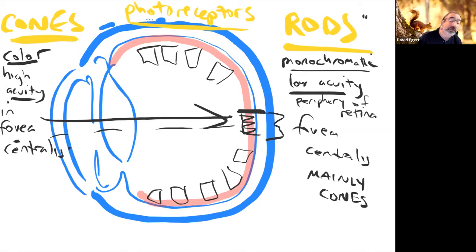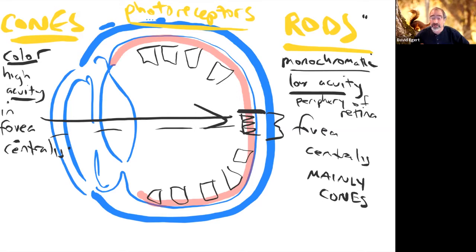Again, there's so much cool stuff we can talk about. You always have this sense that you see the world around you in high definition, but you actually only see the stuff right in front of you that you're staring right at in high definition. Everything else is a blur. But we keep recreating our sense of what everything looks like around us.